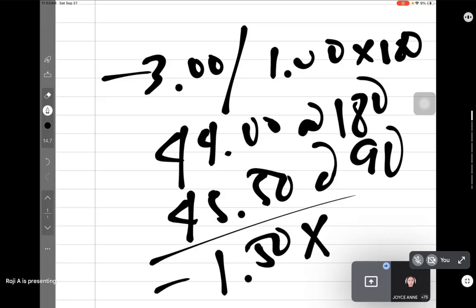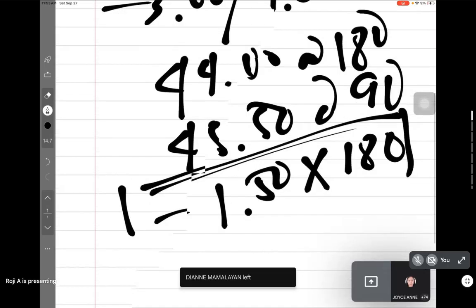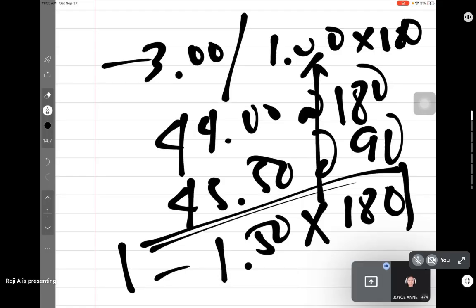So what does it mean? We are to correlate this to this. Are they the same? They're not the same, obviously. So you have a 1.50 external, and my total is 1.